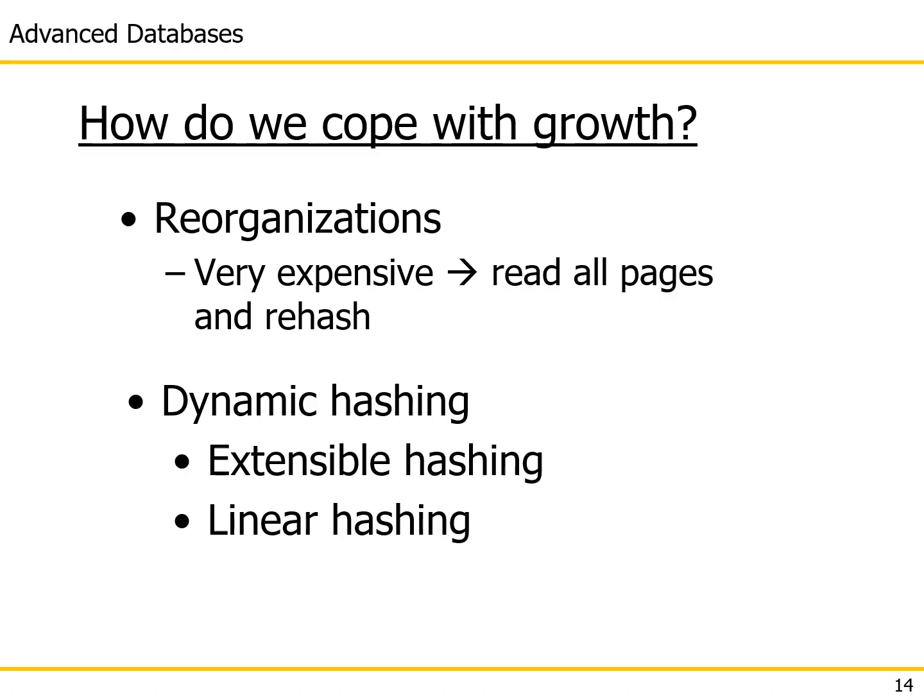One of them is called extensible hashing, or extensible hash table, and the other one is called linear hash table. And both of those will enable us to use hash tables and get O(1) access as a way of working, but with a modification on how things run internally inside the hash table, so we don't have to do what was called full reorganization of the pages or of the buckets.